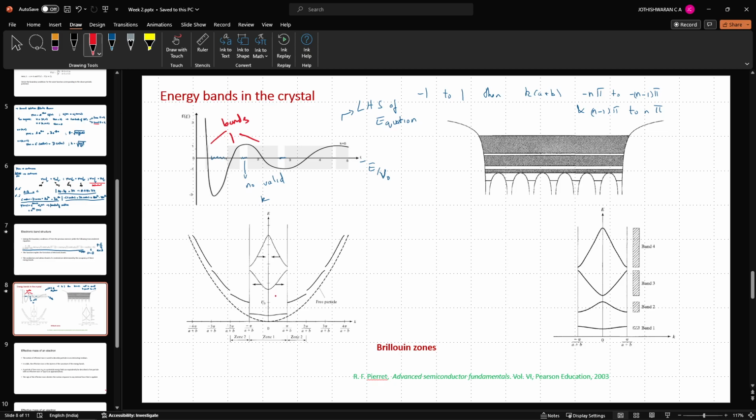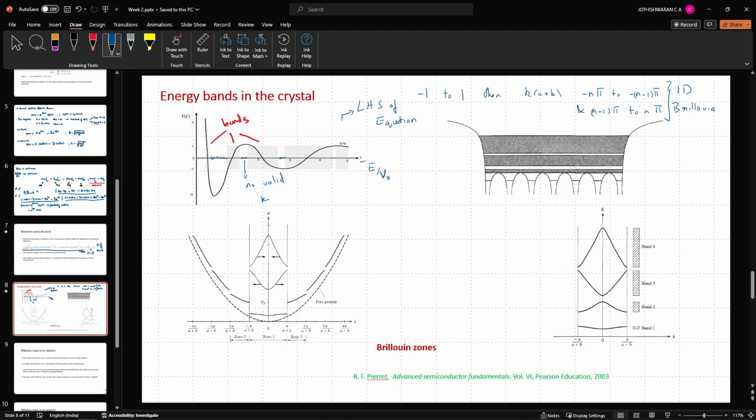And what we can do further is kind of reduce this representation, because this is kind of unwieldy to look at, and we cannot precisely understand what is happening in this figure. So what we do here is we perform what is called the reduced zone representation. These regions, minus n pi to minus (n minus 1) pi and (n minus 1) pi to n pi, are the one-dimensional Brillouin zones.